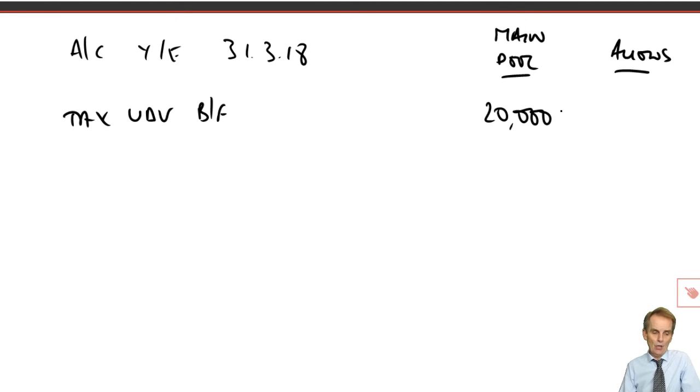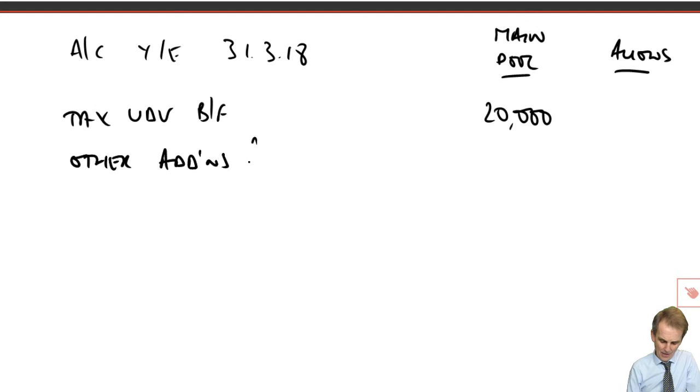There's no plant or machinery bought during this period, or indeed any other period, that ranks for AIA. It's just a car that we have to deal with this period, and there are no other acquisitions in each of the next two periods. So we've got our tax written down value brought forward, no additions for AIA, so do we have any other additions, i.e. those that will rank for writing down allowance there?